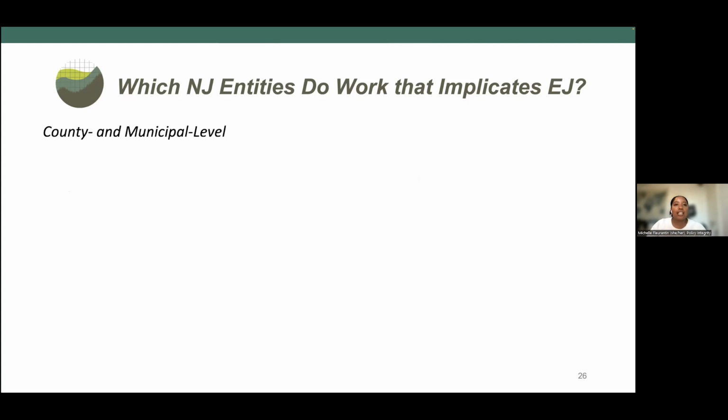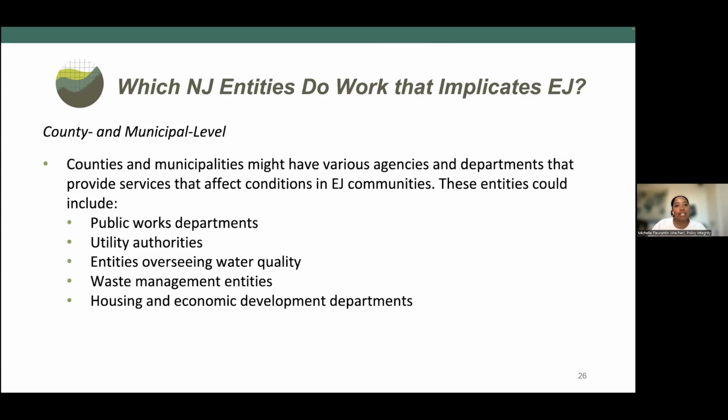There's also county and municipal level agencies and entities. So counties, municipalities, cities, they might have their own agencies and departments that provide services that affect conditions in EJ communities. And these entities can include public works departments, utility authorities, entities overseeing water quality, waste management entities, and housing and economic development departments.